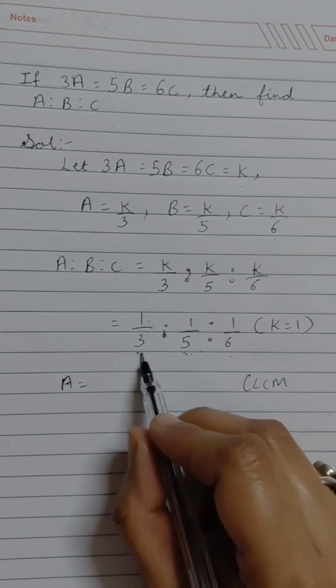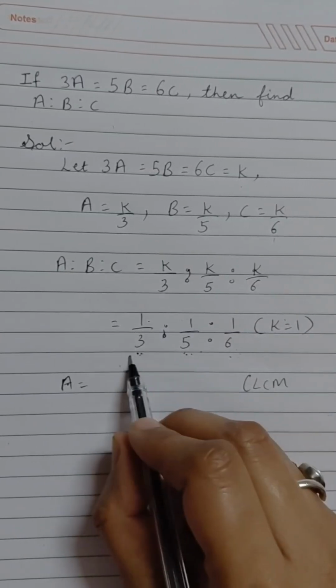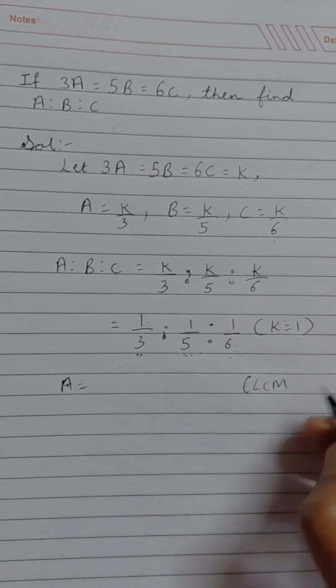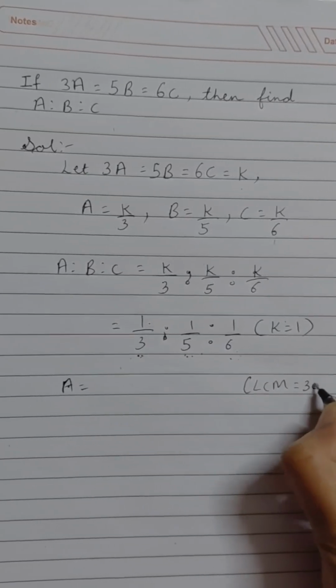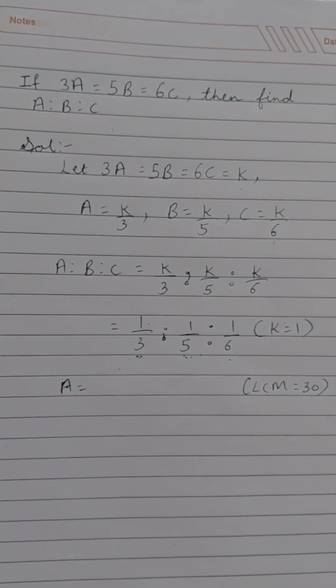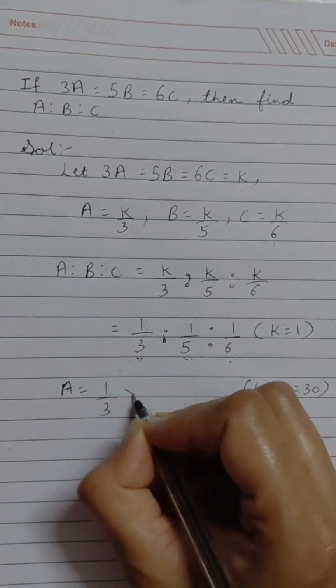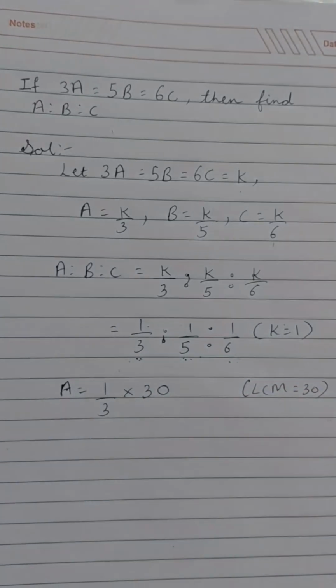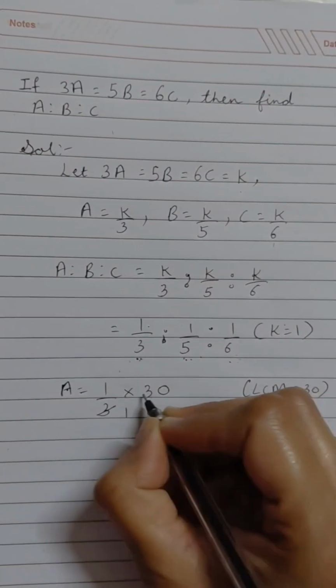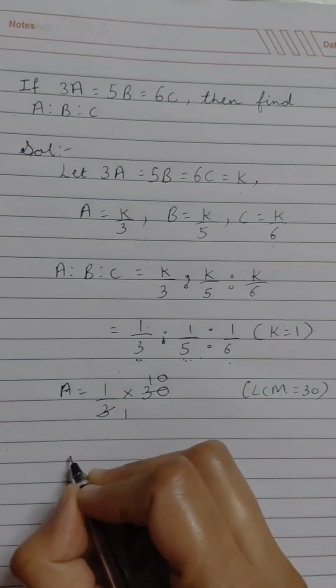So here we get 30 as the LCM. Now we'll write 1 by 3 multiplied by 30. So 3 ones are 3, 3 tens are 30.